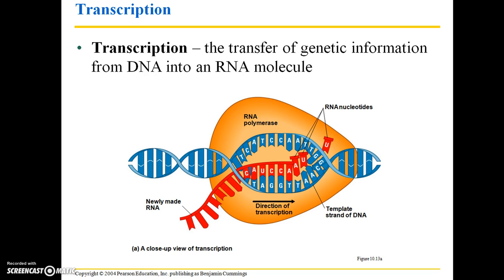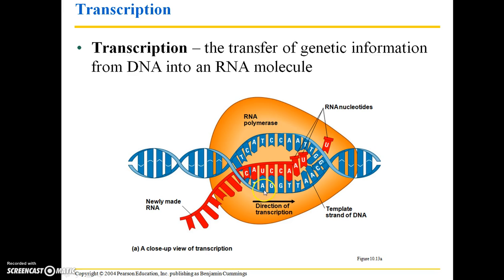Transcription is the transfer of genetic information from DNA into an RNA molecule. And this will take place, again, within the nucleus. We have the parent strand in blue here, and we have the newly made RNA in red. And remember that RNA has uracil instead of thymine.